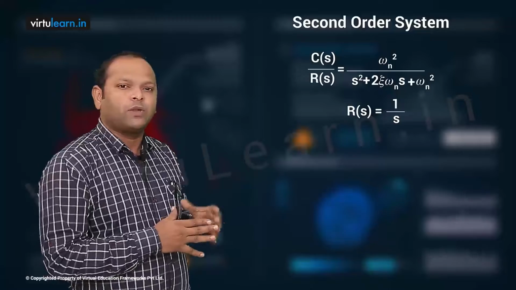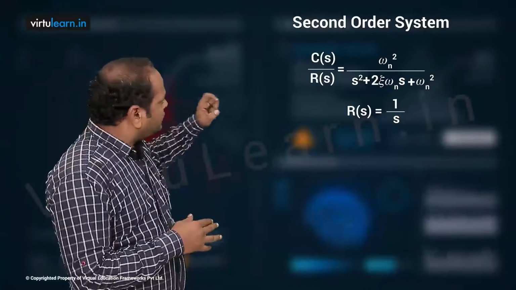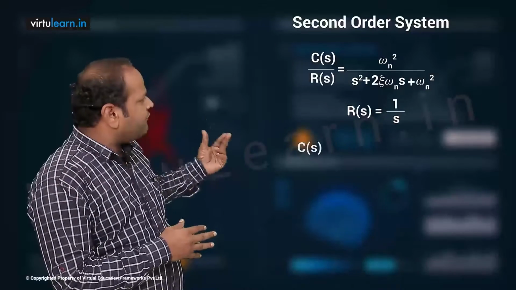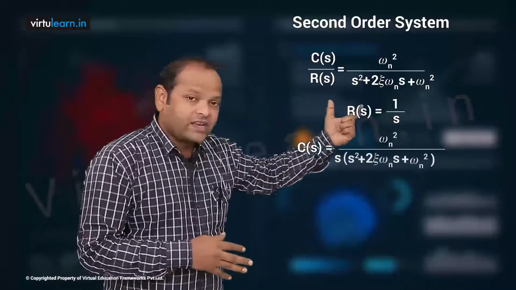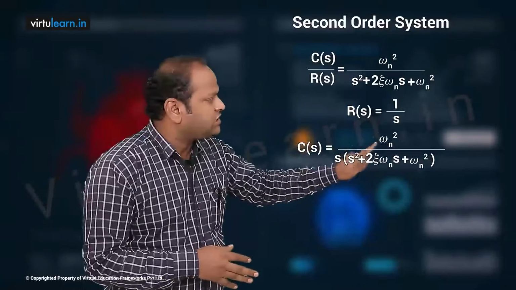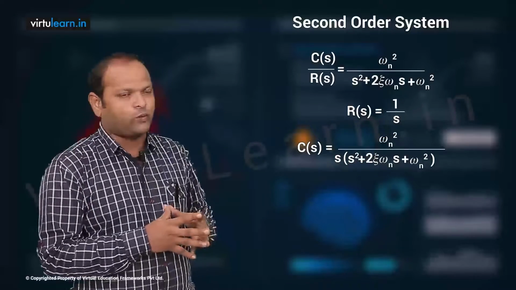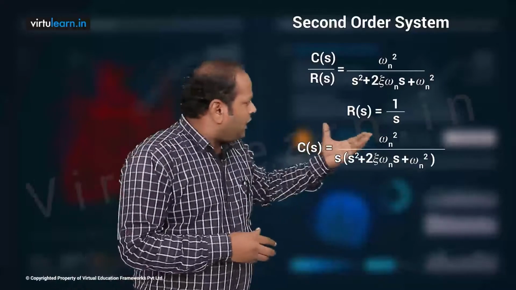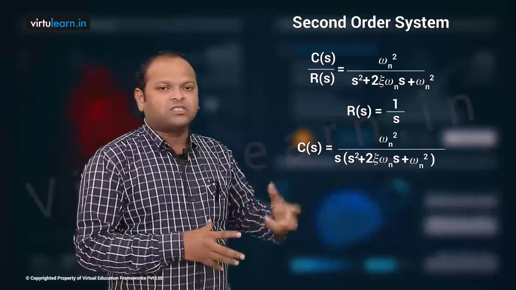For any unit step input it is 1 by s. So what will be the C of s now? C of s becomes omega n square divided by s into s square plus 2 zeta omega n s plus omega n square. Now I want to rewrite this in some standard form.